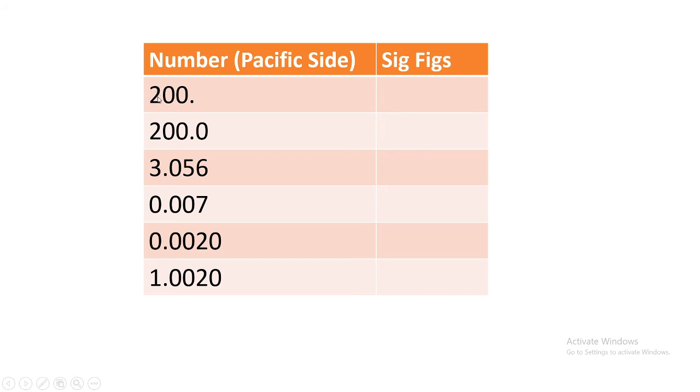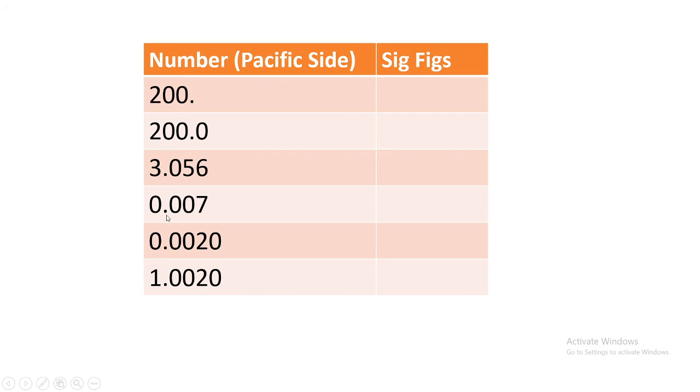Because this is the first number coming from the Pacific side, we're moving from left to right. This is a non-zero number, so 3 significant figures. This is a non-zero, 4 significant figures. The decimal is present. This is your first non-zero number. All these numbers, 4 significant figures here.